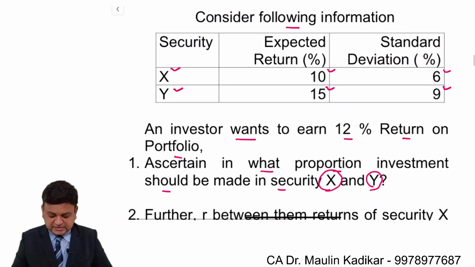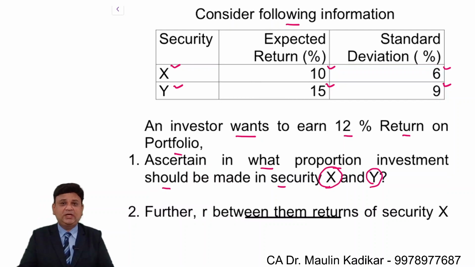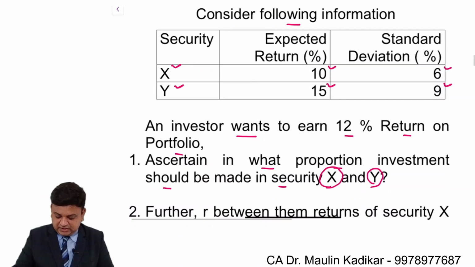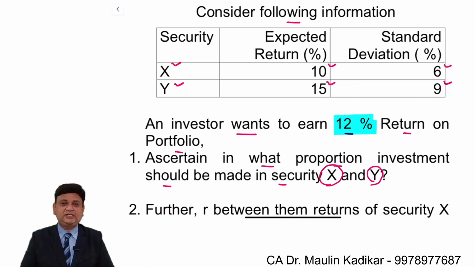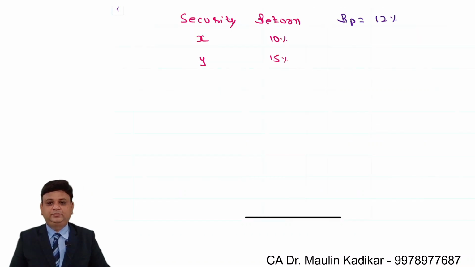So the first question asks: in what proportion should the investment be made in these two securities so that the return of the portfolio is 12%? That is the question. I want you to tell me the answer in the chat box. So let us understand how to make the calculation.